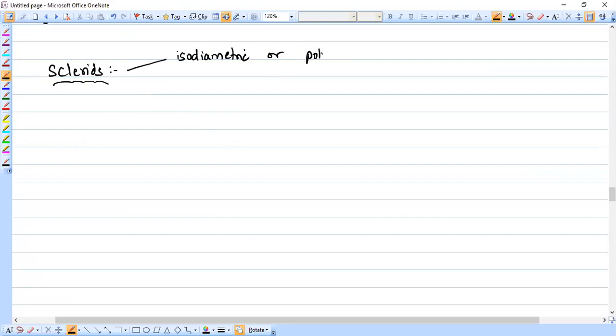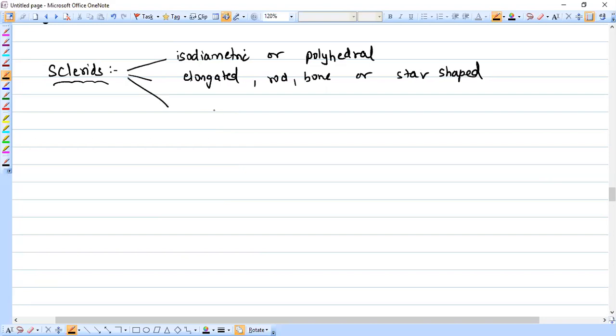Or I can say it is polyhedral. So we have isodiametric and polyhedral. How are the cells? They are elongated, rod, bone, or star shaped.